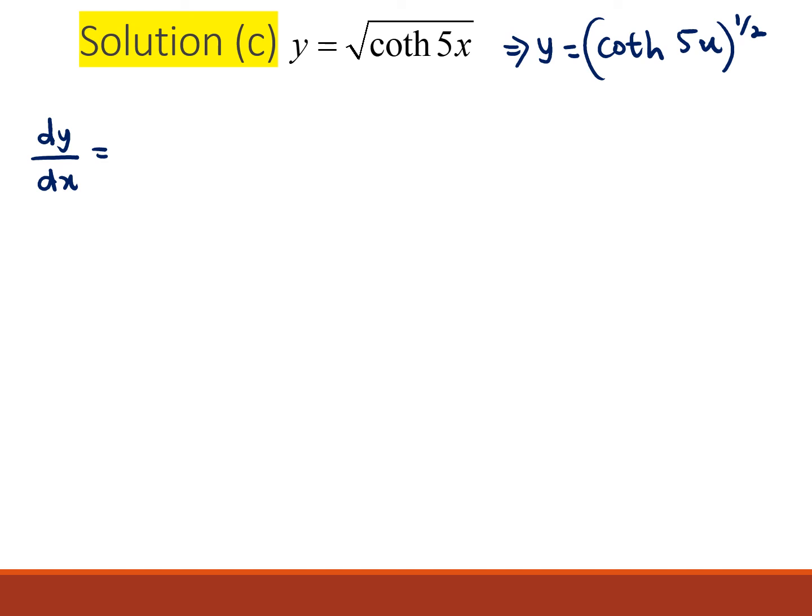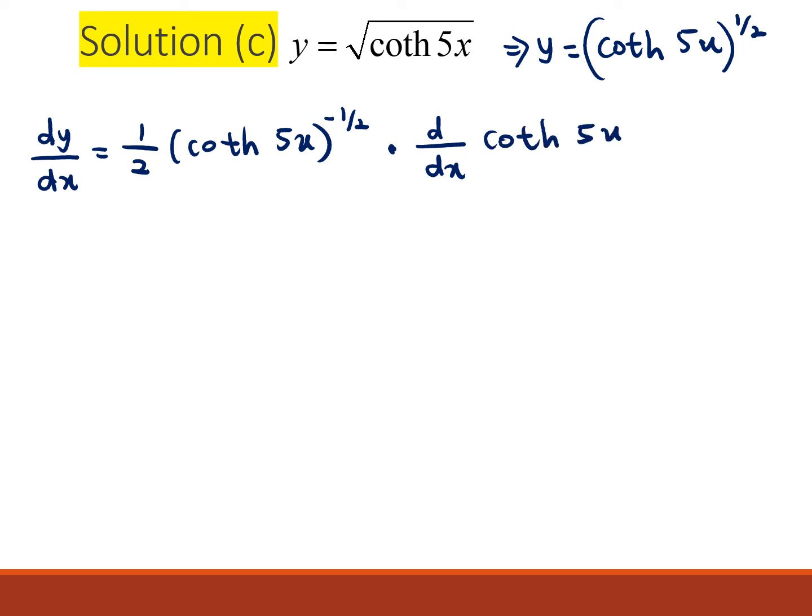So we have the outer function is 1 over 2 and remains the inside function, which is cotangent hyperbolic 5x. So this will be half minus 1, which is negative half, and then times the differentiation of the inside function, which is cotangent hyperbolic 5x.